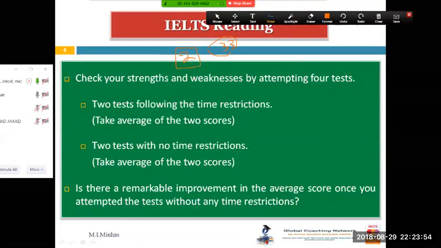How many are correct out of these 33? Let's say 27 were correct. So your score was 27 out of 40 in test 1. Then you attempt another test, and in that, let's say your score was 28 or 29 out of 40. Now your average score is 28.